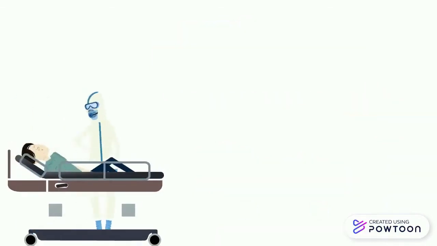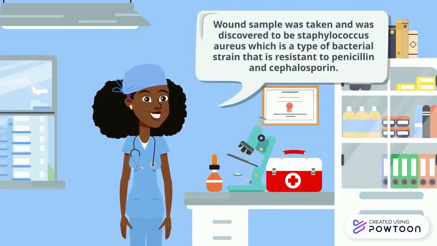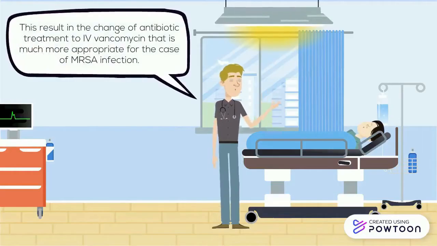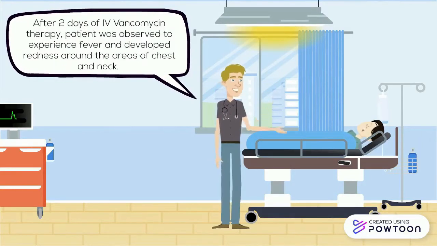A wound sample was taken and it was discovered to be Staphylococcus aureus, a type of bacterial strain that is resistant to penicillin and cephalosporin. This resulted in the change of antibiotic treatment to IV vancomycin, which is much more appropriate for this case of MRSA infection.